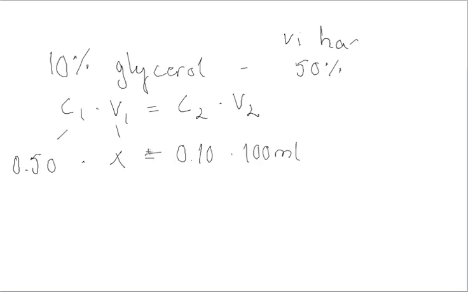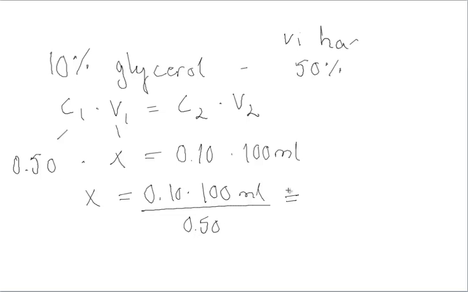So now when we calculate what the X will be, we see that X will be 0.10 times 100 milliliter divided by 0.5. So the answer will be 20 milliliter. We need 20 milliliter glycerol from the stock solution.